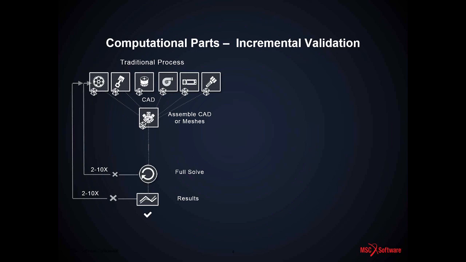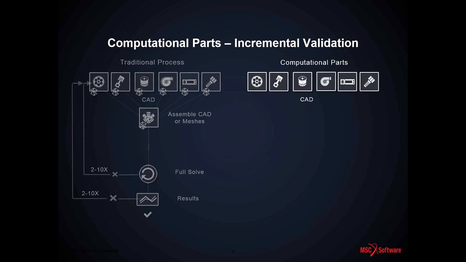But what we have in the computational parts based system is built on part based technology. For every part in the assembly that we bring into MSC Apex, the first thing we do is create the computational parts, meaning we convert that part into a math model that represents the mass matrix, stiffness matrix, and wherever necessary, even the damping matrices.